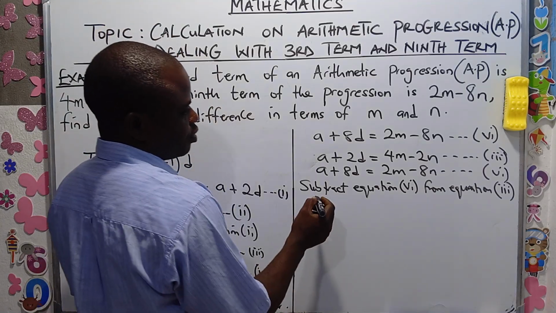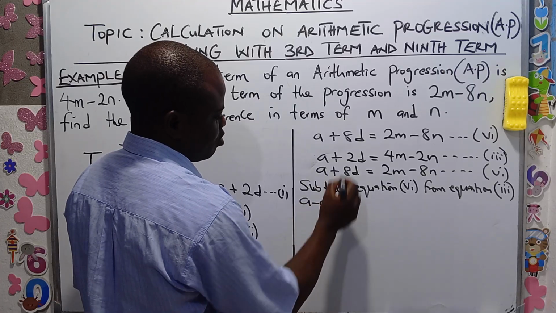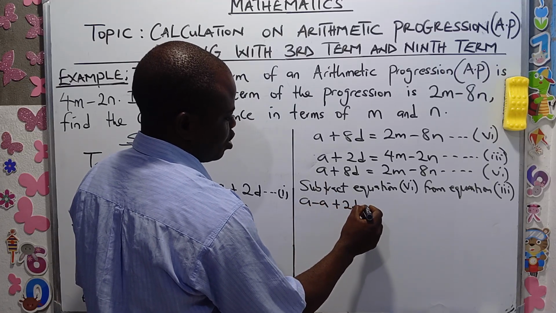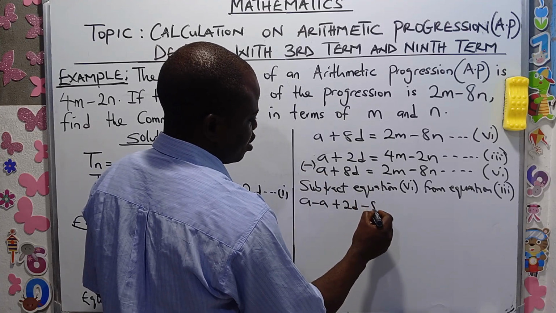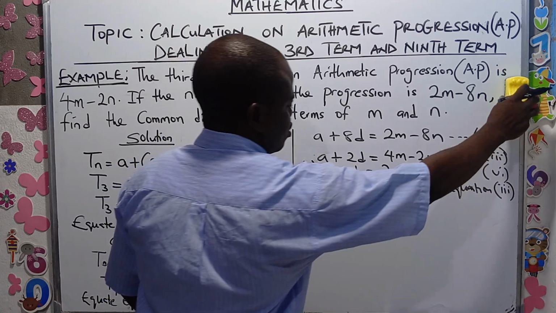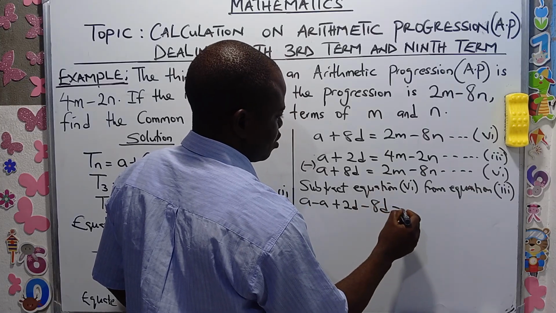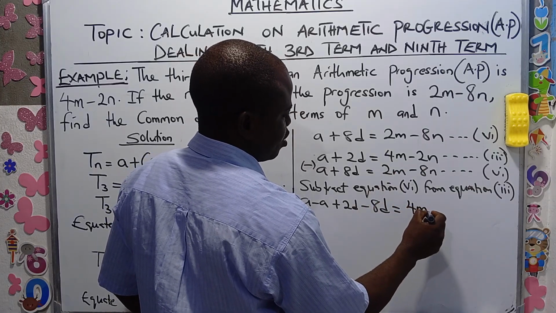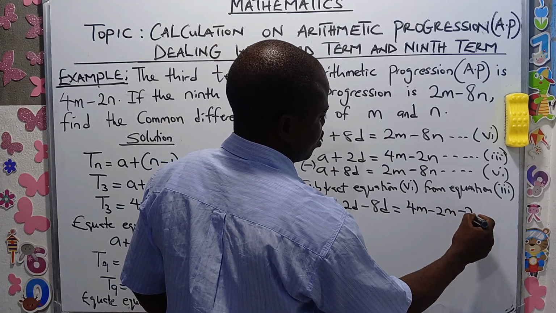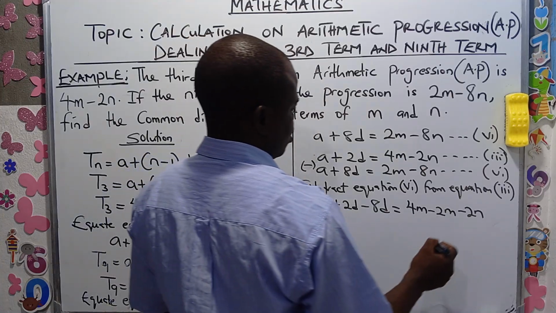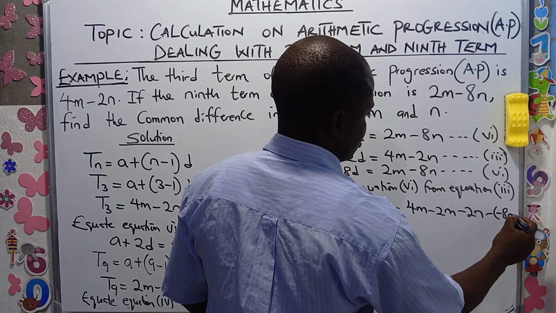Now let's do that. It'll be a plus 2d, put negative in between, a plus 8d, that is 2d minus 8d equals 4m minus 2n, minus 2m minus 8n.